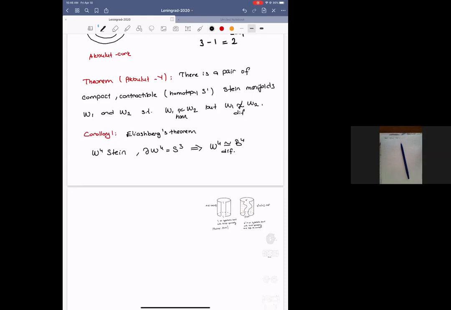And whenever something is true, like S3 and B4, you want to ask the same question: is it true for contractible manifolds? If I change my B4 to the contractible case and the sphere to a homology sphere, it is not true for contractible manifolds and homology spheres.